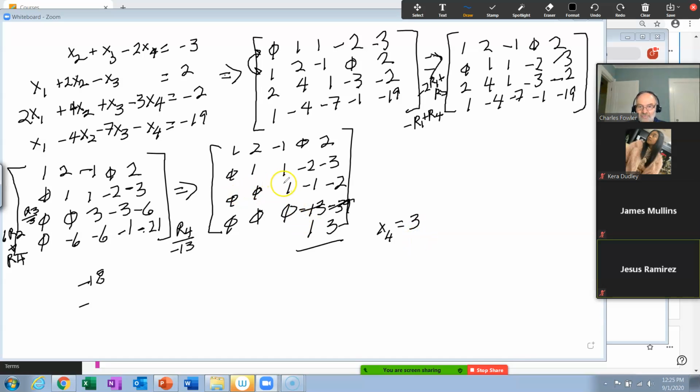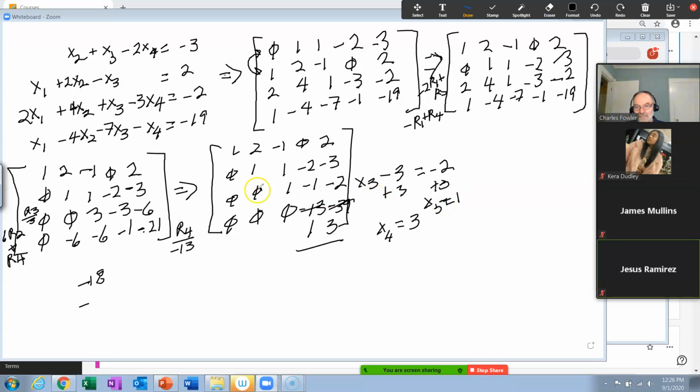What this row is telling you is x3 minus x4, which is minus 3, is equal to negative 2. Well, add 3 to both sides, and that gives you x sub 3 is equal to 1.